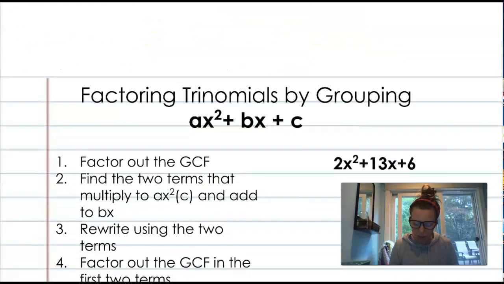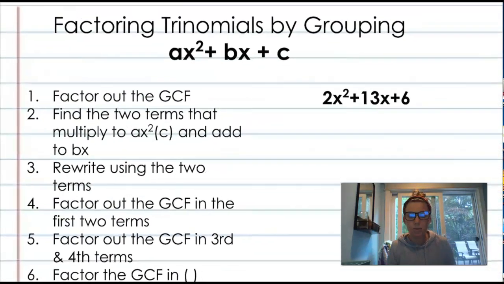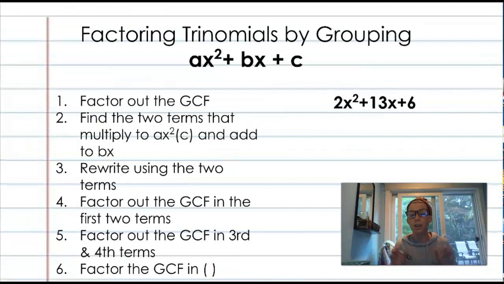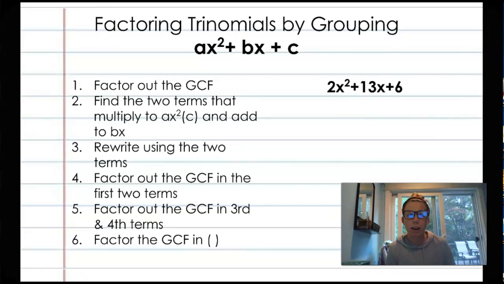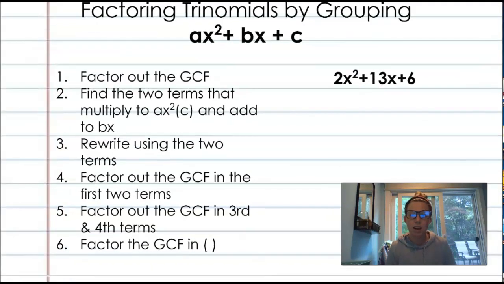Alright, so this is a different method, although it does the same thing. We're still going to get those two factors. It's just an alternative strategy. And we want to make sure that we're practicing this method as well as the area model. So we're going to get to the same answer, we're just going to do it a different way. The first couple of steps are actually the same. We're going to factor out the GCF.